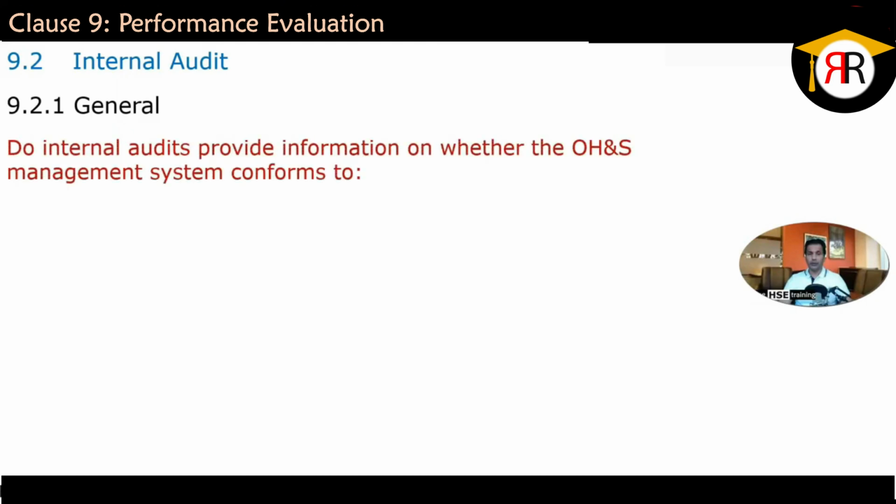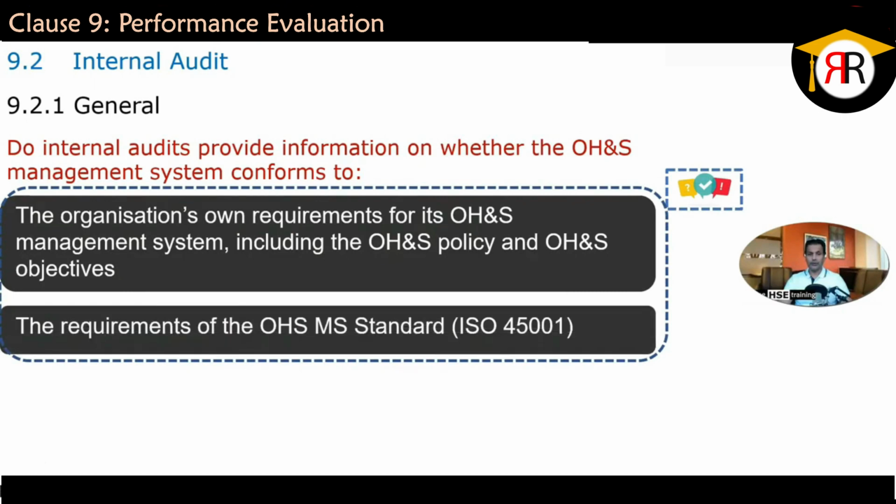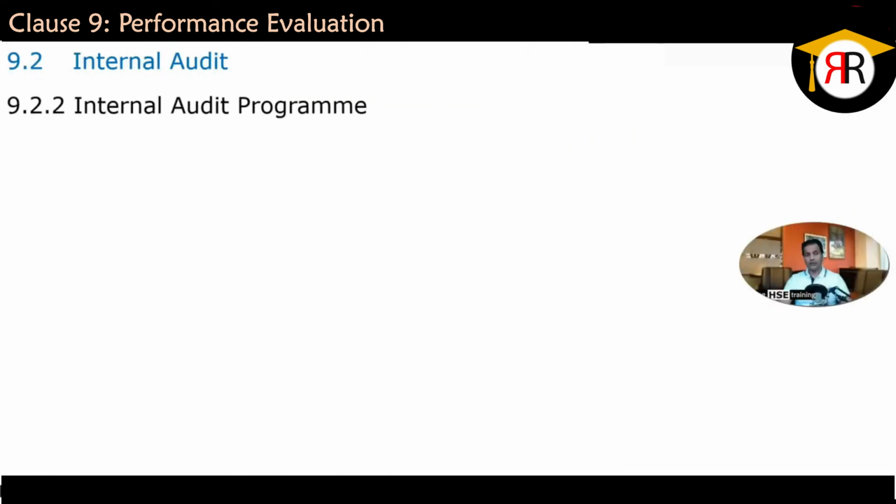Do internal audits provide information on whether the management system conforms to the organisation's own requirements for its OHS management system, including the policy and objectives, and also the requirements of the OHS management system standard relative to ISO 45001? Also on 9.2 internal audit, we have the internal audit program.